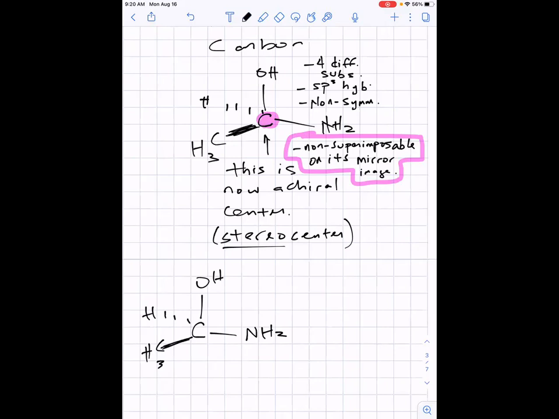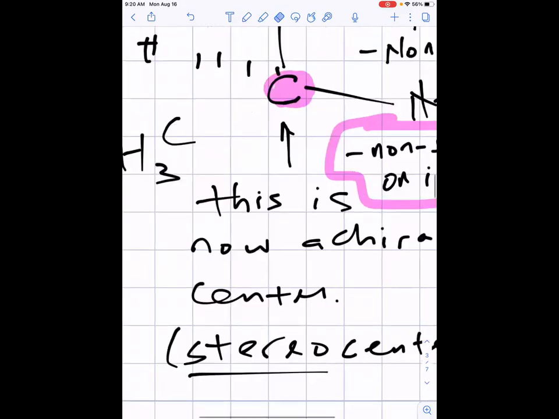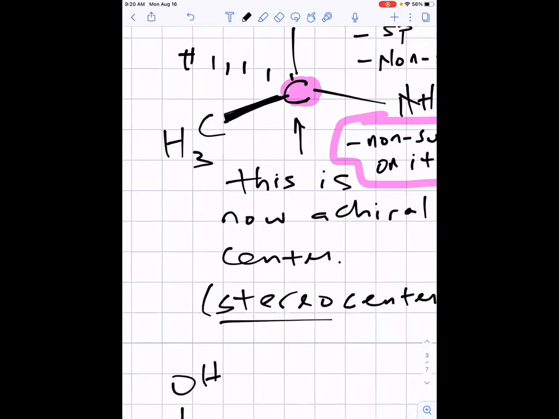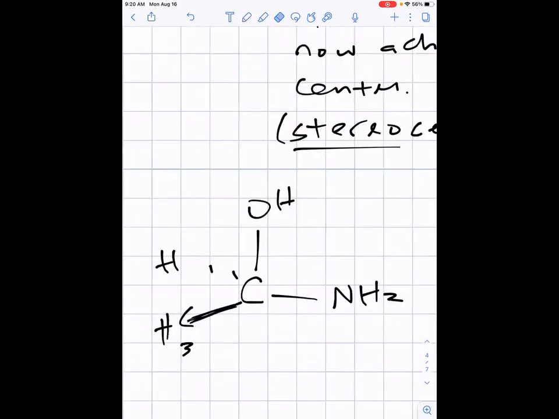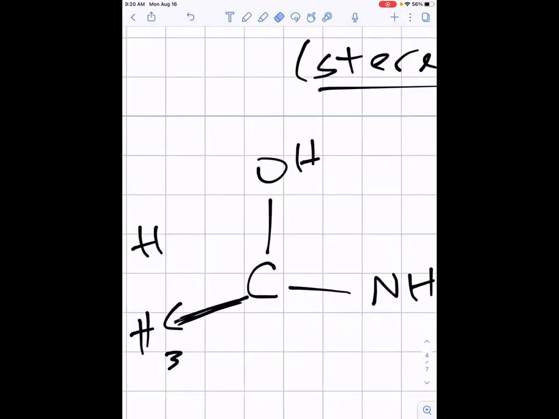If you notice, I have the CH3 on a wedge, on a thick darkened line. That's on purpose. That indicates that CH3 is coming out of the screen at you. And the hydrogen being on a dashed line means it's going back into the page. So down here, let me fix that up so it'll look a little neater. I have the hydrogen going back into the page, and the CH3, or the methyl group, coming out of the page, coming out at you.